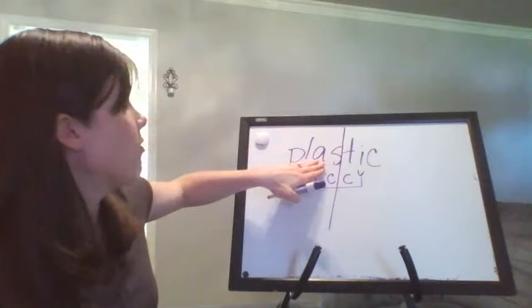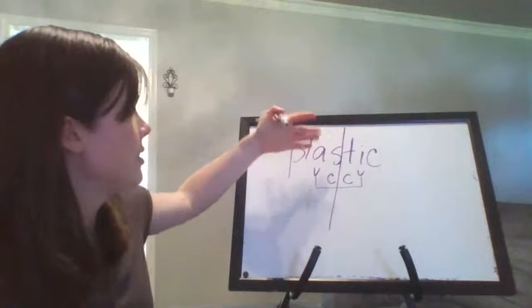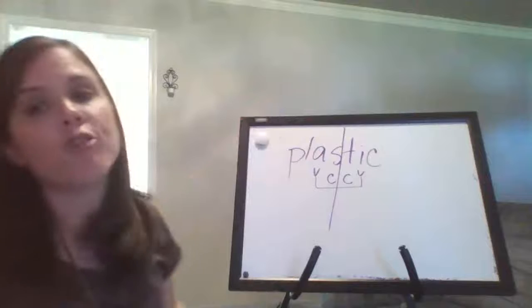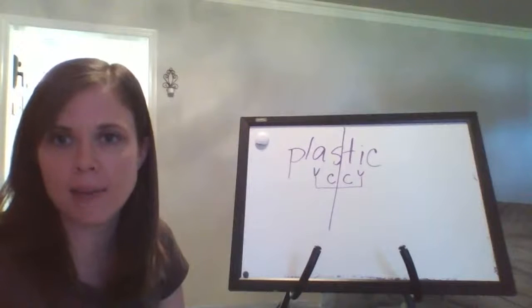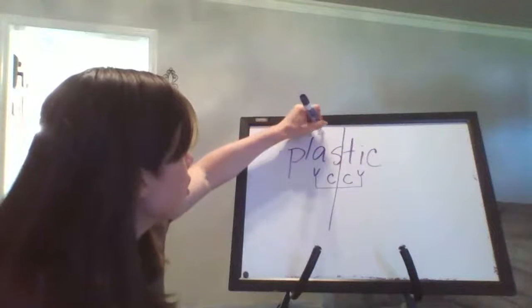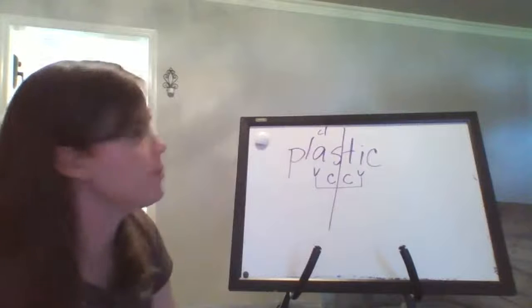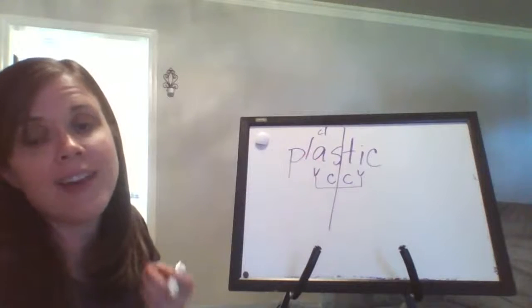So now I look at the first part of our word, the first syllable, P-L-A-S. Is there a consonant after our vowel? Yes. So what kind of syllable does that make it? It makes it closed. That consonant is closing off that vowel. So the vowel is going to make the short vowel sound of ah.